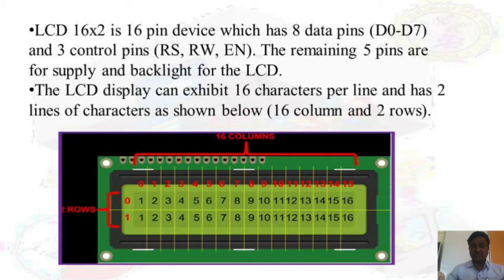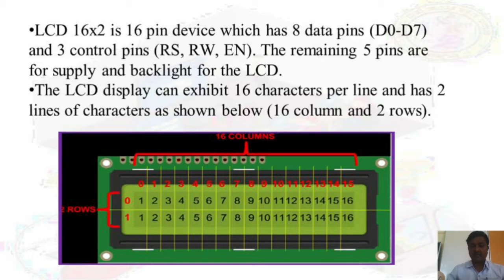The 2 rows of data will be displayed in 16 columns, as the figure below shows 16 columns and 2 rows, that is row number 0 and 1, and column numbers 0 to 15, that is 16 columns. The numbers are written in the diagram for each row.